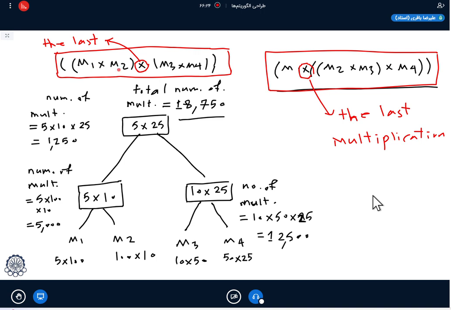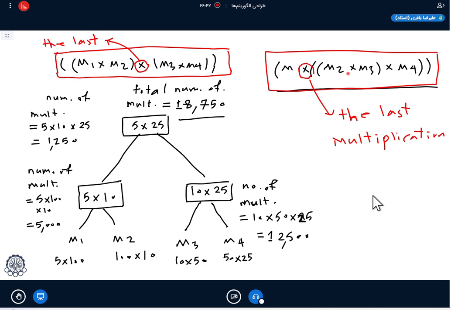If we first multiply M1 by M2, then multiply M3 by M4, and then multiply the result of M1, M2 by the result of M3, M4, we get the left side parentheses.